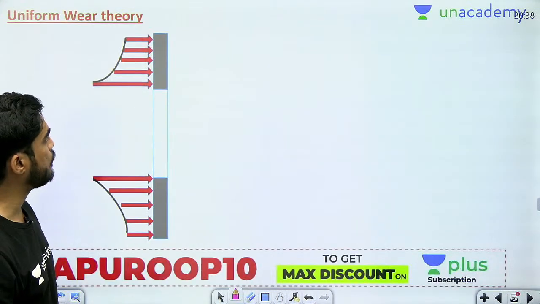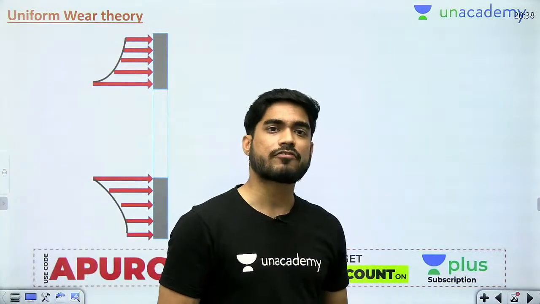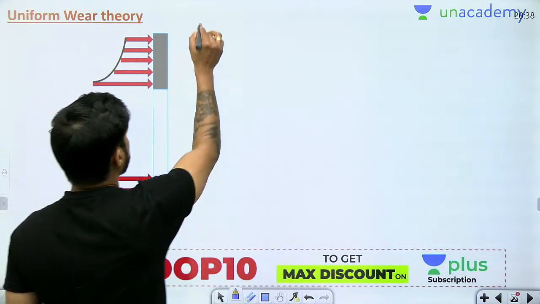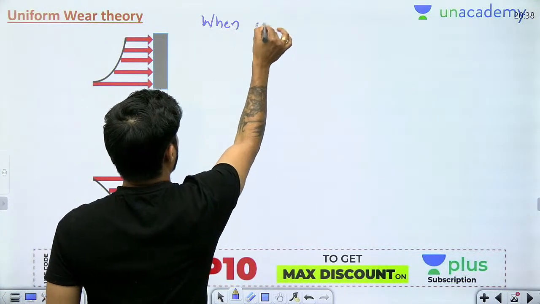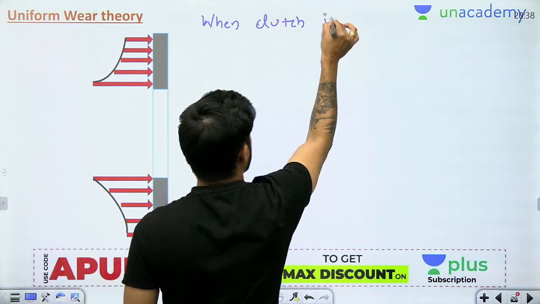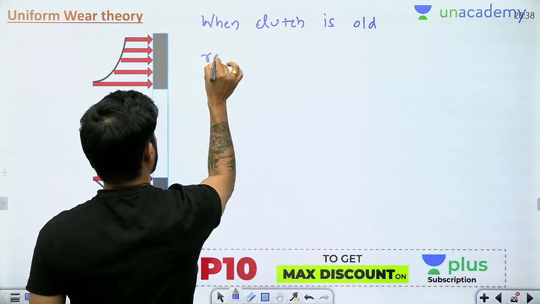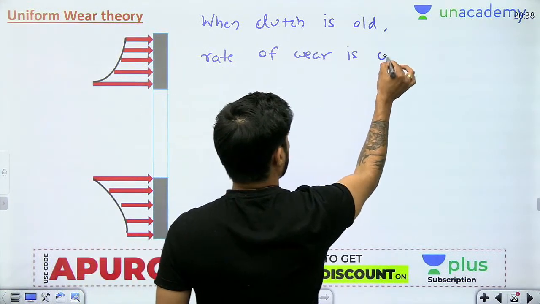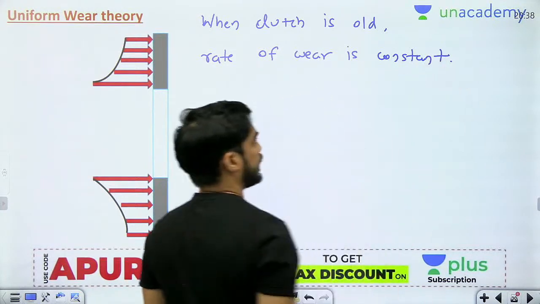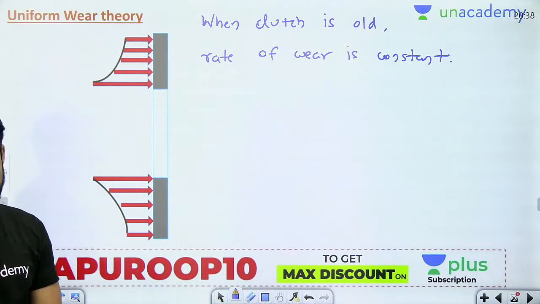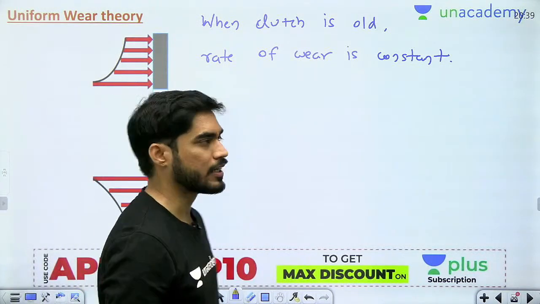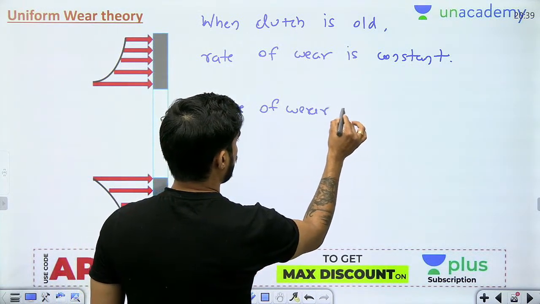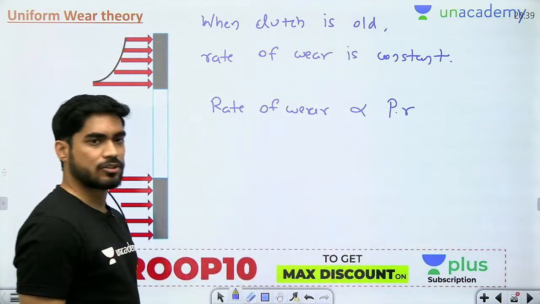So in that case we apply uniform wear theory. In uniform wear theory, we assume that when the clutch is old, the rate of wear is constant, and the rate of wear is proportional to P into R. So P into R is constant.